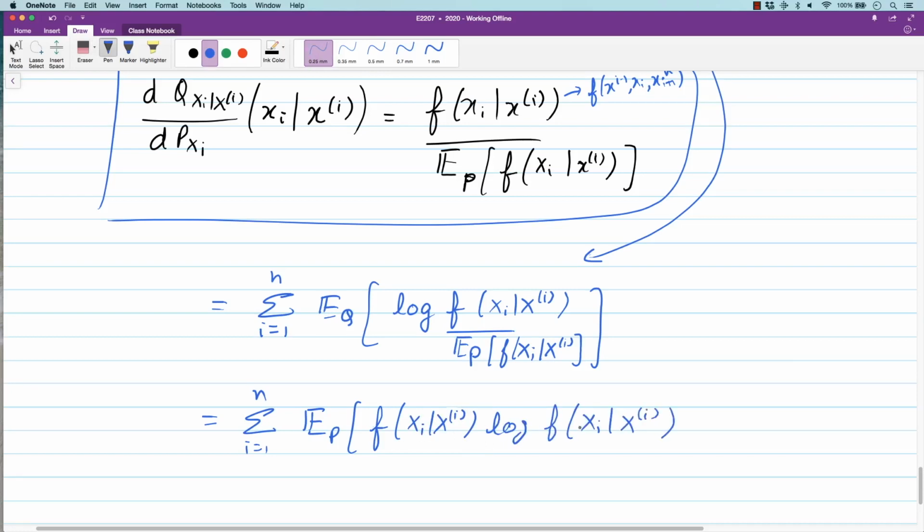This is just f(x) written differently for a specific reason, minus expected value over p of f of x_i given x_{-i} log of expected value under p of f of x_i given x_{-i}.